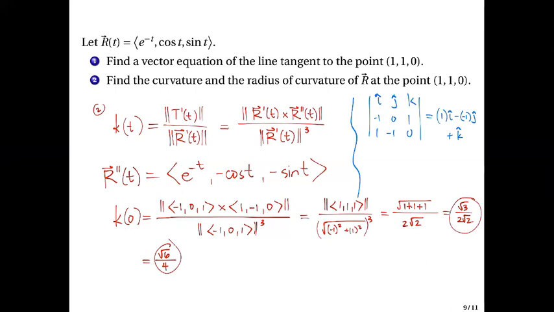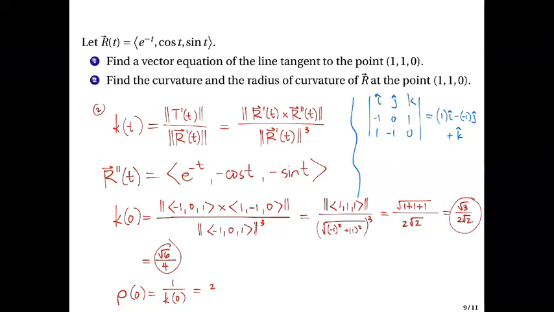For the radius of curvature, rho, at this particular point, rho of 0 is just 1 over kappa of 0. So we just need the reciprocal of the kappa that we obtained here. Let's get the reciprocal of this.